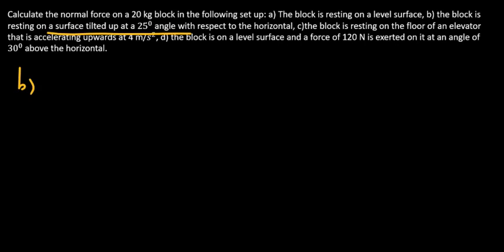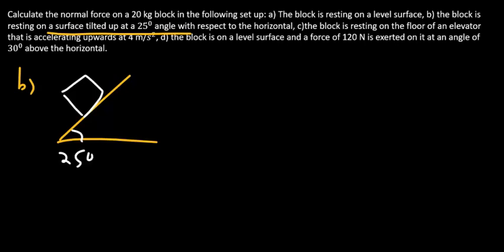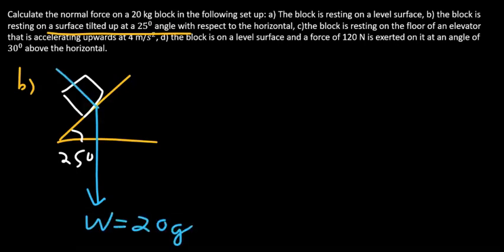Part B, the block is resting on a surface tilted up at an angle of 25 degrees with respect to the horizontal. So some kind of an inclined plane here, and the block is resting like that. So this angle here is 25 degrees. Now let's look at the free body diagram. First, of course, you have the weight, which is 20 times gravity. That is the normal force, N. Now this weight has two components, like that.